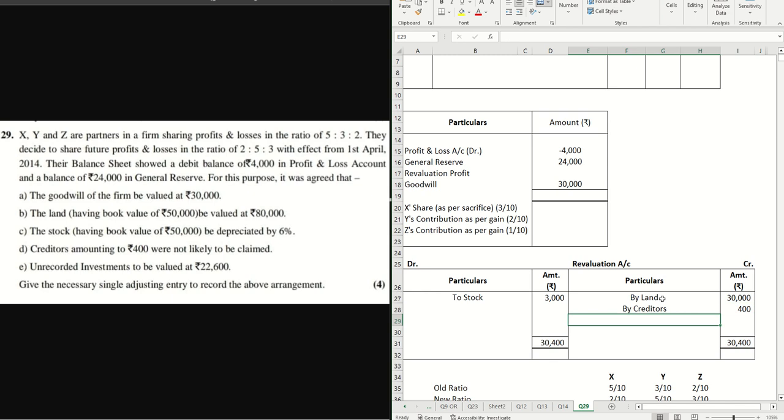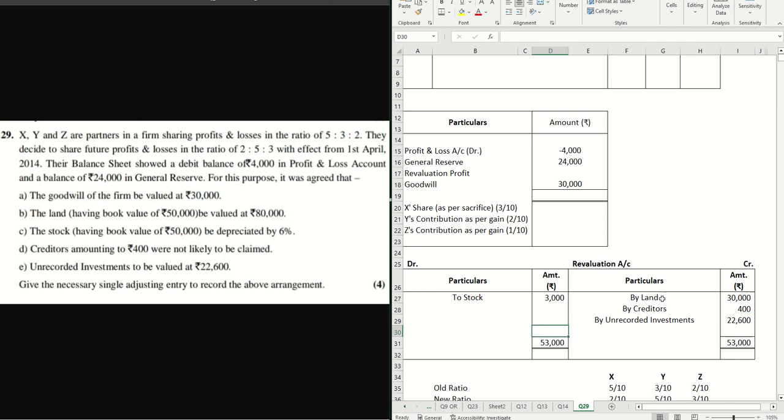We have the unrecorded investments to be valued at 22,600, that to be brought into the books. So by unrecorded investments, that comes to 22,600. All right.